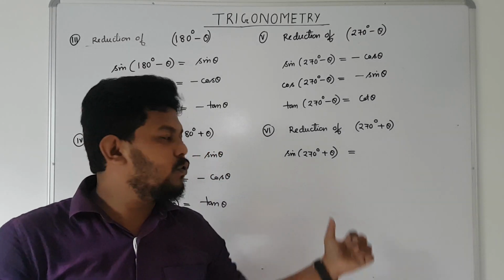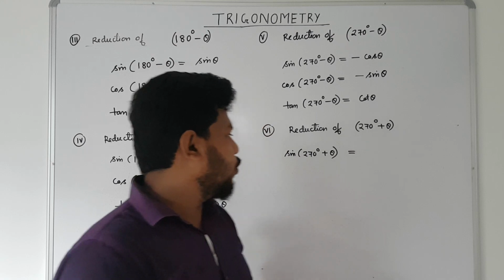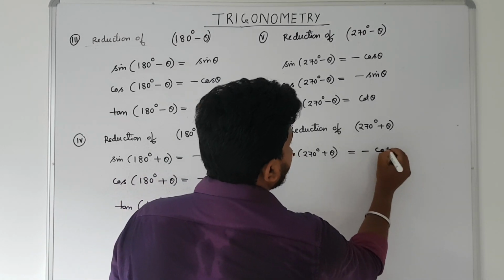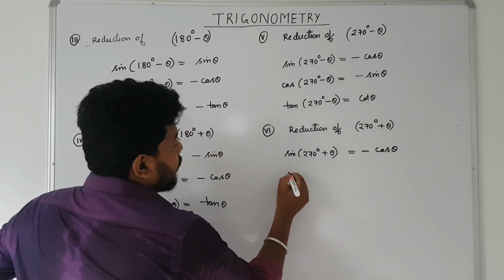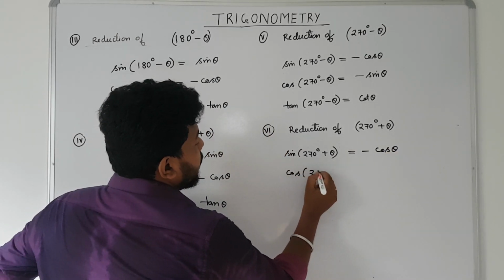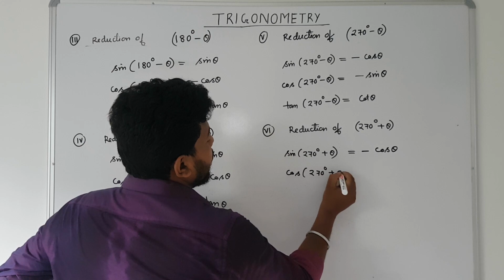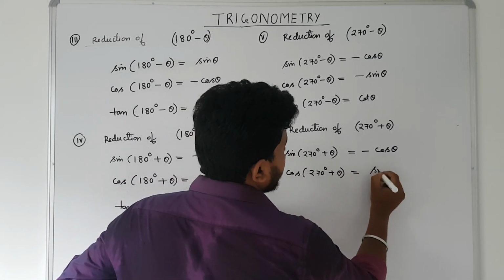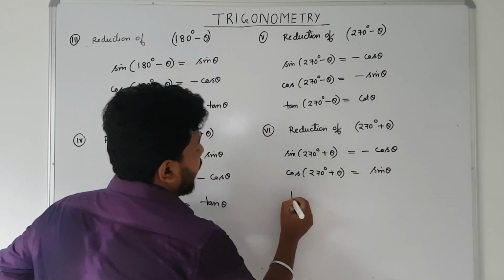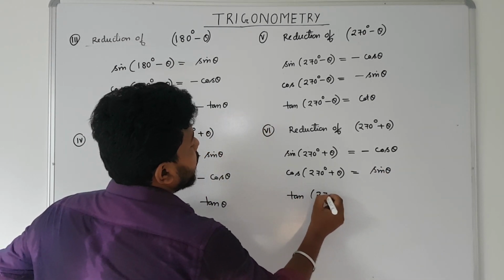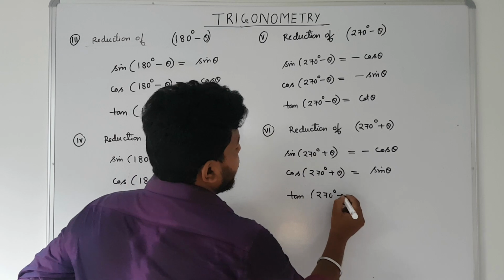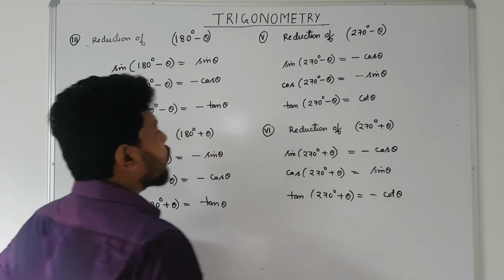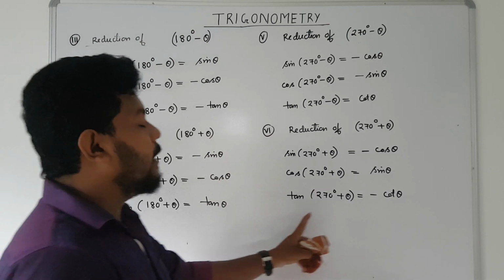It will be in between 270 and 360 degree, so it will be in fourth quadrant. In fourth quadrant sine is negative, it is minus of cos theta. Cos of 270 degree plus theta, in fourth quadrant cos is positive, so it will be plus sine theta, and tan of 270 degree plus theta is minus cot theta. In fourth quadrant tan is negative.